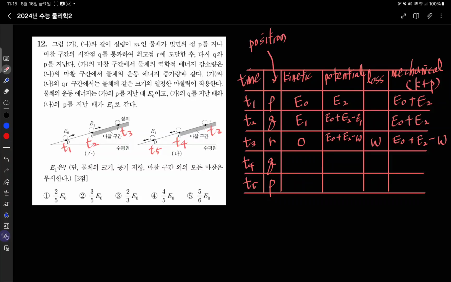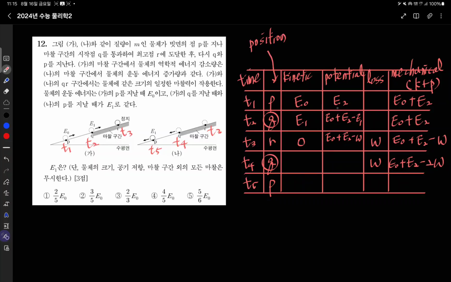And when it moves down, another loss of energy is made with the same amount. So now the mechanical energy becomes minus 2W. Because at t2 and t4 the position is the same, the potential energy should be the same.